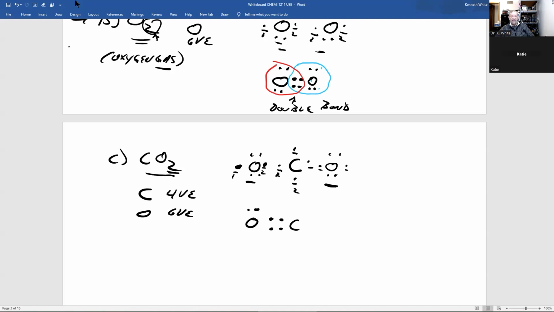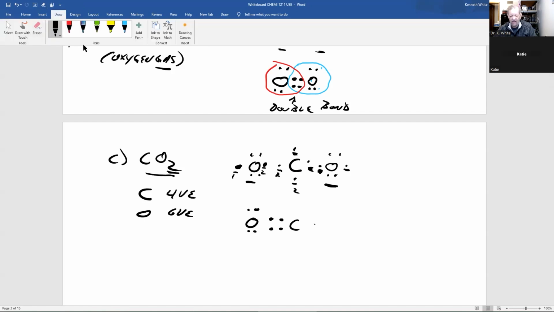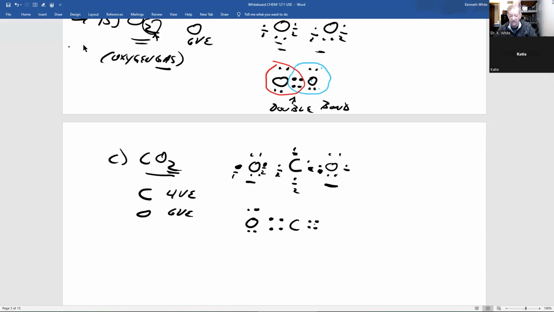This oxygen still has its non-bonding electrons. And then the other oxygen has 1, 2, and this has 1, 2, and they share. So 2 pair of electrons being shared, and the non-bonding electrons on oxygen are there.